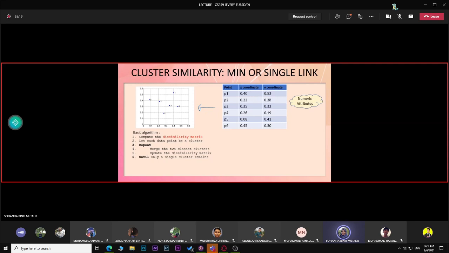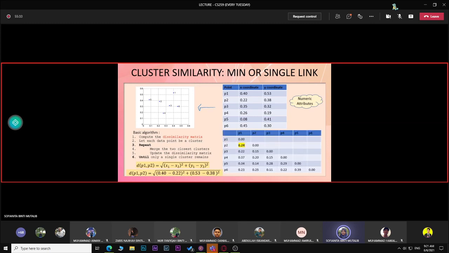Okay, this will be numeric attribute. So first of all, what you have to do is to come up with the dissimilarity matrix of the objects that we have in the data set, using Euclidean distance. So I skip this one. So we have produced, this is what we call the dissimilarity matrix.